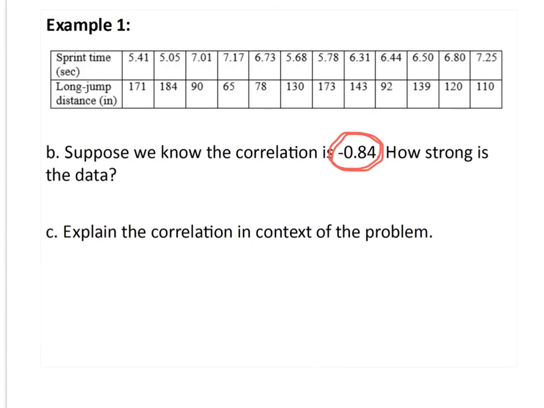Well, if we think about those guidelines we gave, we said if R is less than negative 0.85, then it was strong. And if R was in between negative 0.85 and negative 0.6, it was moderate. Since I'm really close to this, I'm going to say that the strength is moderately strong.